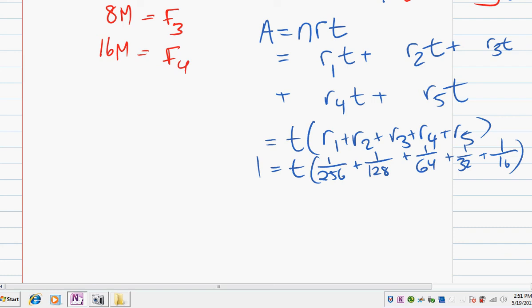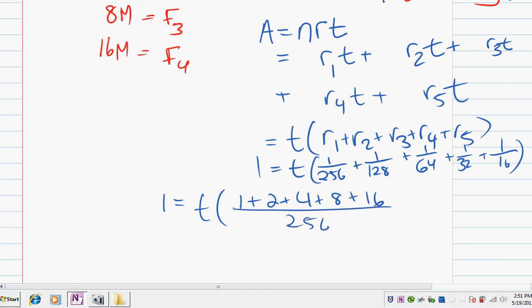And so adding this, we need a common denominator. 256 is the common denominator, and so we end up with 1 equals t times (1 plus 2 plus 4 plus 8 plus 16) all over 256, equivalent to 31 over 256.